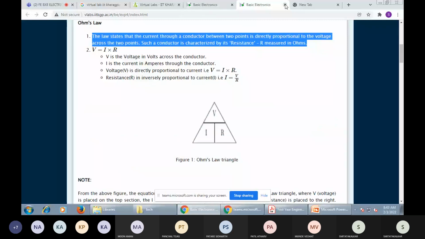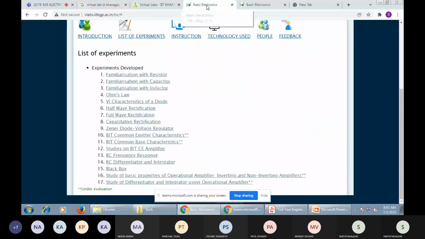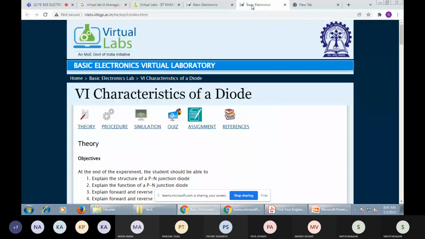Okay. Then next one, VI characteristics of the diode. You can see VI characteristics of PN junction diode. It is a simple diode, a semiconductor device. Do all of you understand?